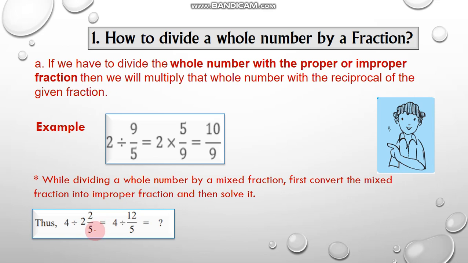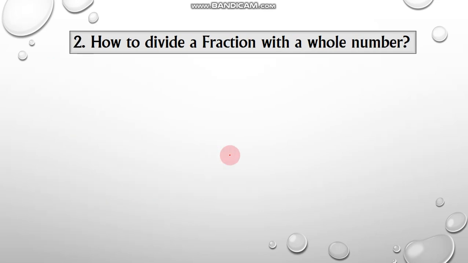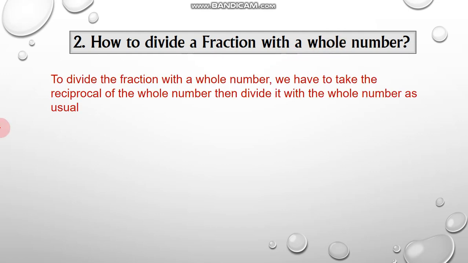So 2 and 2 by 5 gets converted to 12 by 5, and then further steps are the same as solved in this example. Next, how to divide a fraction by a whole number. To divide the fraction by a whole number, we have to take the reciprocal of the whole number, then multiply it with the fraction as usual.